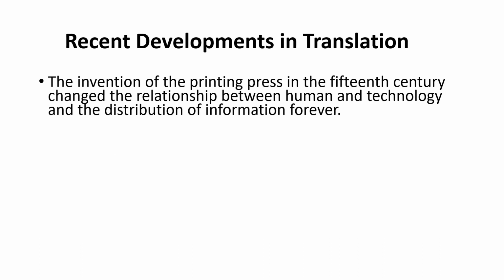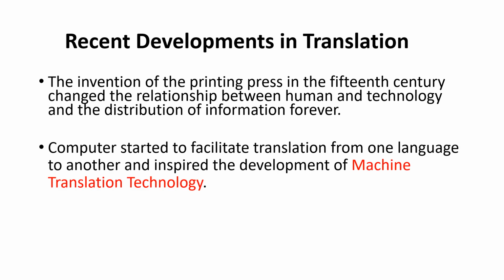As we know, the invention of printing press in the 15th century changed the relationship between human and technology, and even the distribution of information forever. A couple of centuries later, in the 20th century, the advent of computer brought a new revolution in this field.